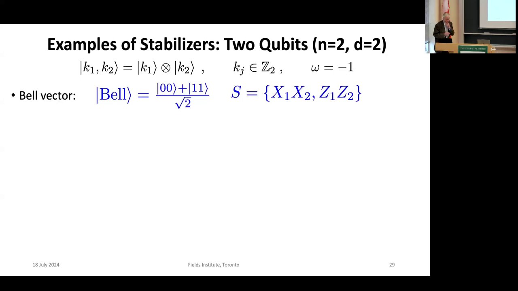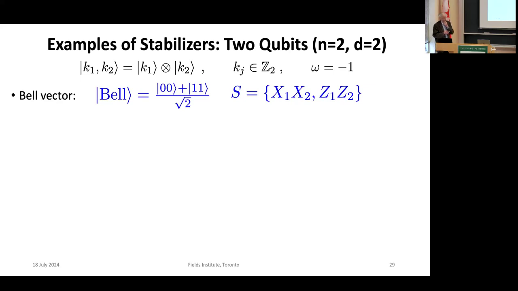So for instance, if you apply X1 X2 to |0,0>, you have the state |1,1>. And if you apply X1 X2 to |1,1>, you have the state |0,0>. So the Bell state is invariant under X1 X2. And if you apply Z1 Z2 to |0,0>, you get |0,0>.